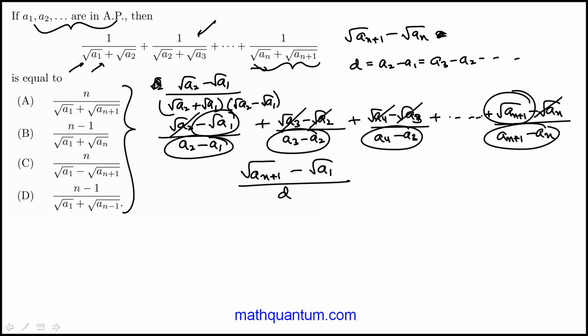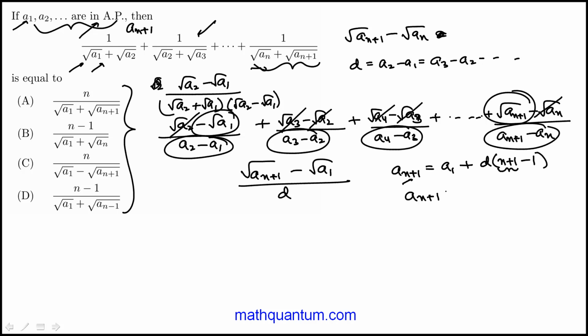Now, if you look at the answer choices, they're written in terms of a sub n plus 1. So I need to relate the n plus 1th term here to the first term. And in an arithmetic sequence, a sub n plus 1 would be the first term plus the common difference times n plus 1 minus 1. That's your index here.